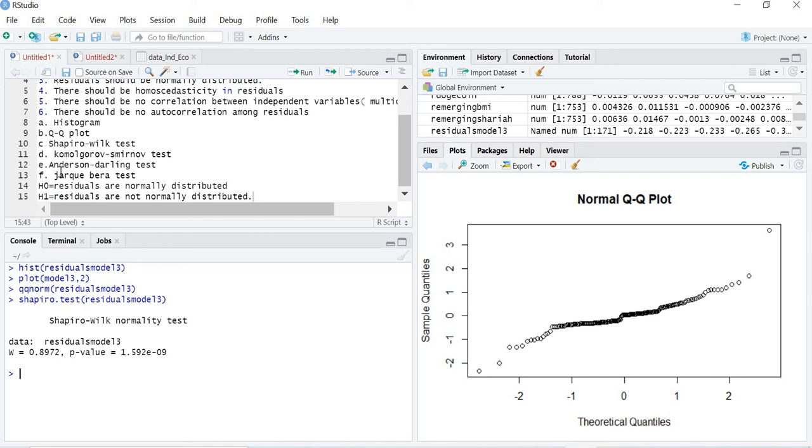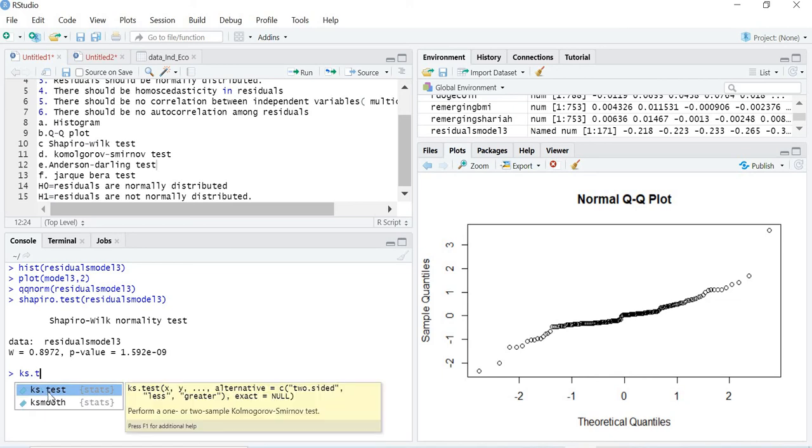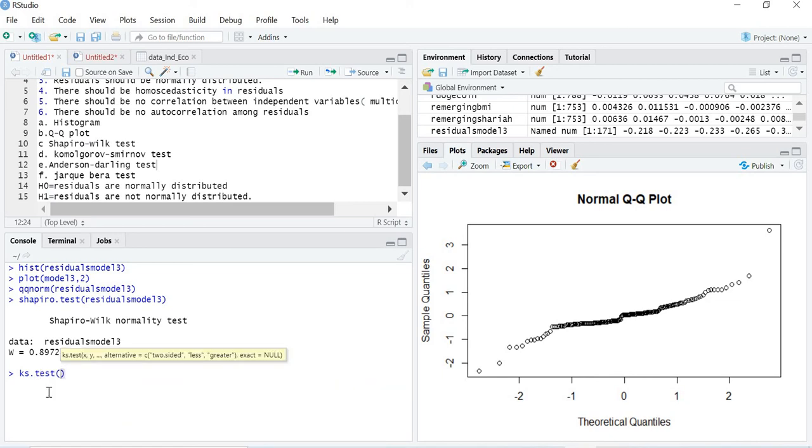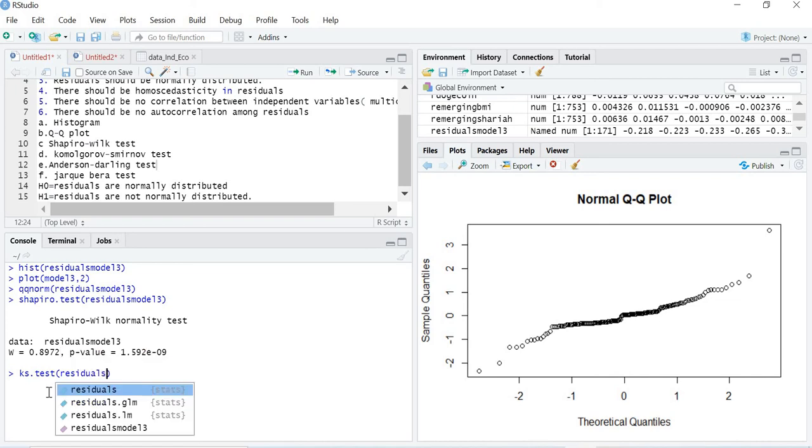Now let's check with the fourth method, the Kolmogorov-Smirnov test. For the Kolmogorov-Smirnov test, your command will be ks.test, then your residuals, that is residuals(model 3), comma, in quotes you have to write pnorm.